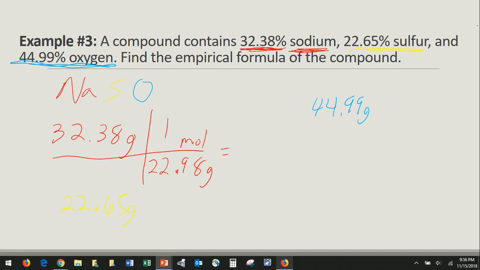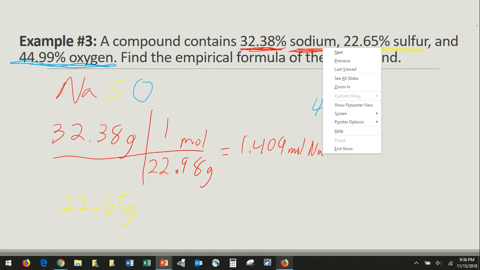So then if you divide 32.38 divided by 22.98, it's 1.409. So that's 1.409 moles of sodium.